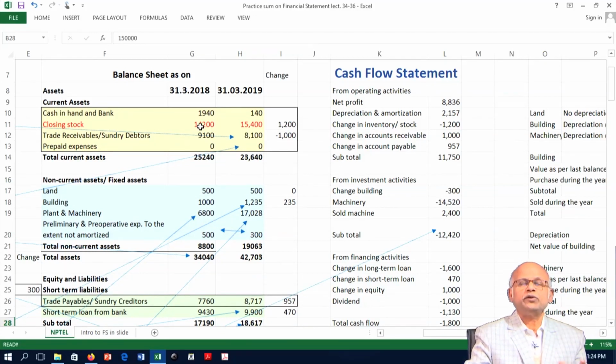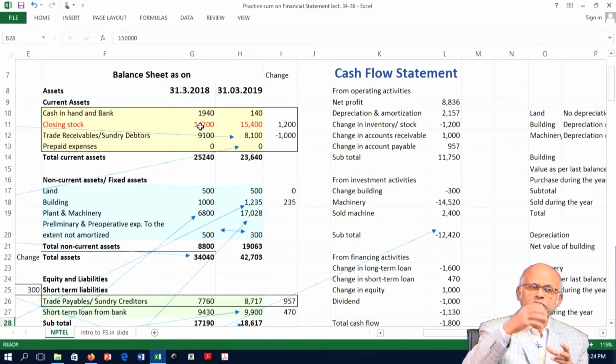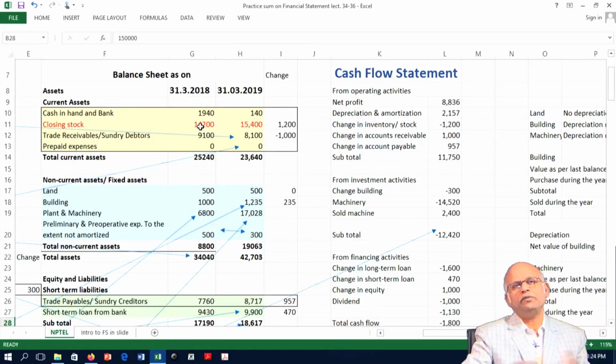With the opening stock, you have added new purchases every week or every day or every month. That became the whole stock that was available to sell. Out of that, you made some sales. What did you sell? You sold 1,50,000 worth of goods.